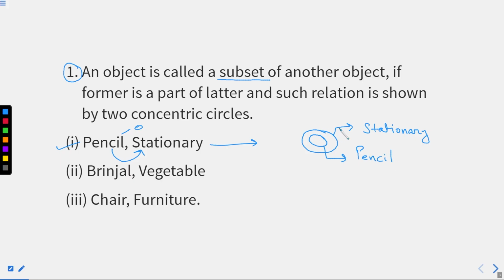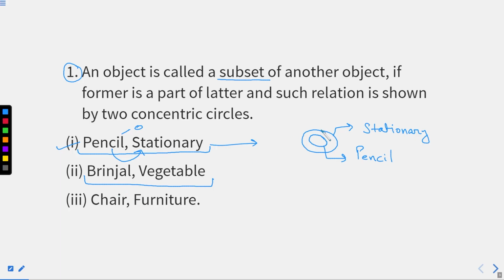So these two concentric circles are the Venn diagram representation for the given pair, pencil and stationery. If I talk about brinjal and vegetable, don't you think brinjal is itself a vegetable?